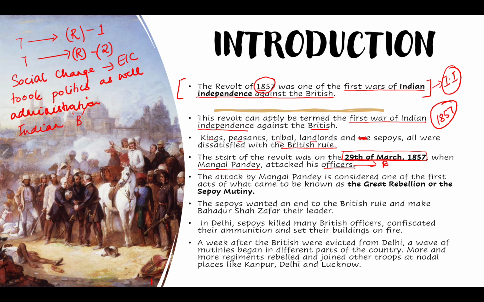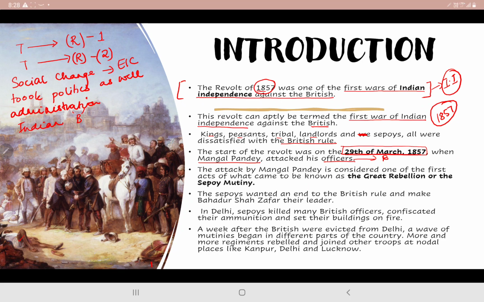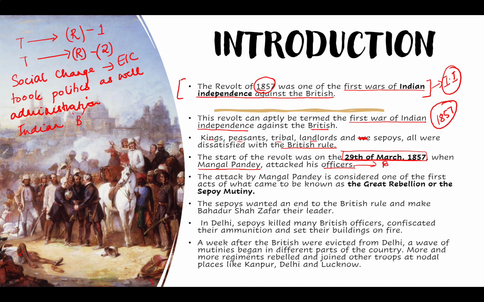In this picture you can make out that there are British people and Indian people, and they had a war. It says that the attack by Mangal Pandey is considered one of the first attacks of what came to be known as the Great Rebellion or the Sepoy Mutiny. This revolt of 1857 has numerous names.